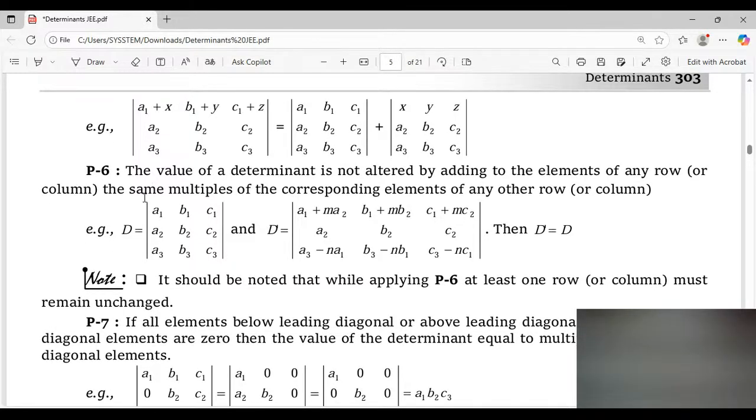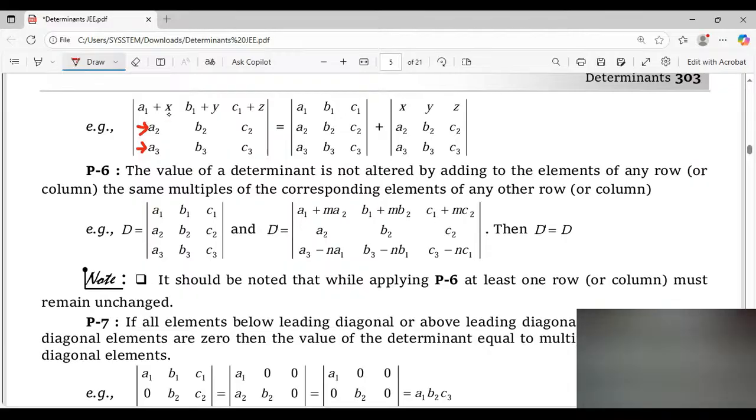For this, let's see one example. A1 plus x, B1 plus y, C1 plus z equals here A1, B1, C1, and we write down R2 and R3 here.